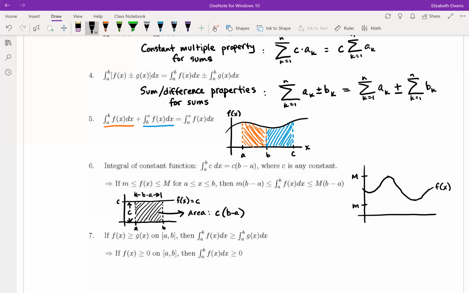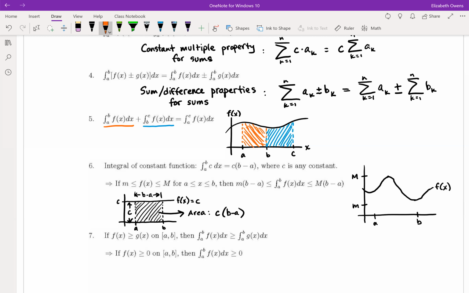Yours may look a little different. But all this is doing is saying that, okay, if your function is bounded between those two constants on the interval from a to b, then your integral value is just going to be somewhere in between the area of the two rectangles formed by those constants.